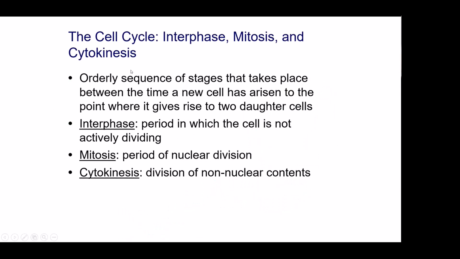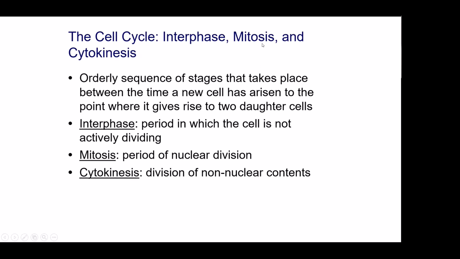Okay, so there are basically 3 steps of the cell cycle. There is interphase, mitosis, and cytokinesis. Interphase is a period of growth, and we'll talk about some of the different things that go on in interphase.